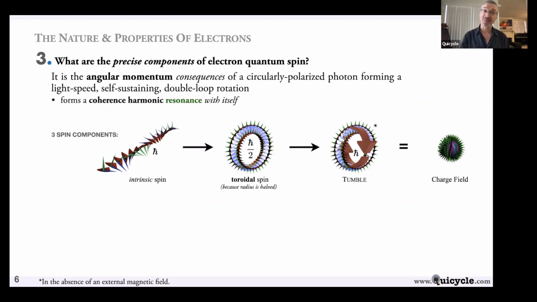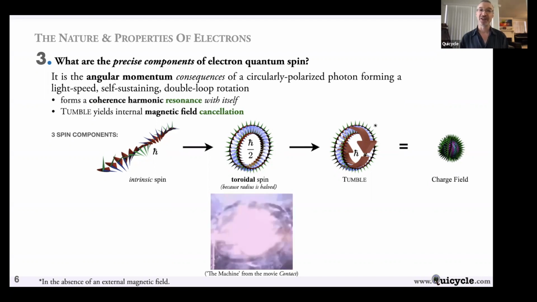We notice here that the photon is actually forming this harmonic resonance with itself because it is the only thing that's actually there. The other thing that's very important to notice is that the tumble has the effect of canceling the magnetic field of the particle against itself. And that's significant because that drains literally half of its field energy out of the particle, which is another reason that the electron is such a highly stable particle.